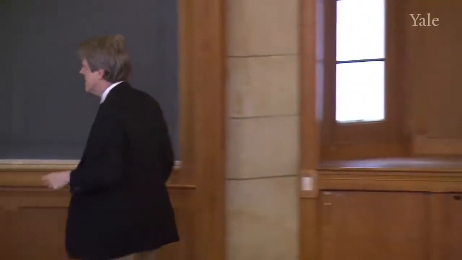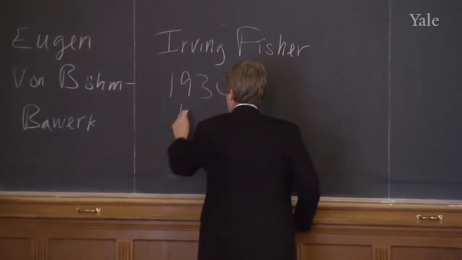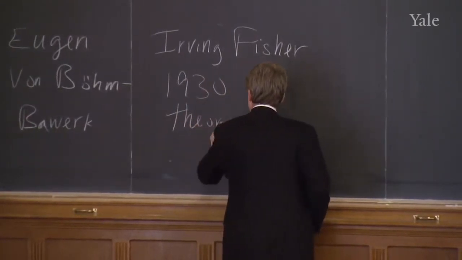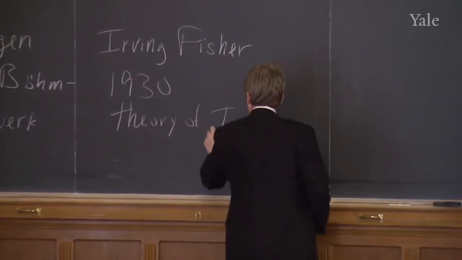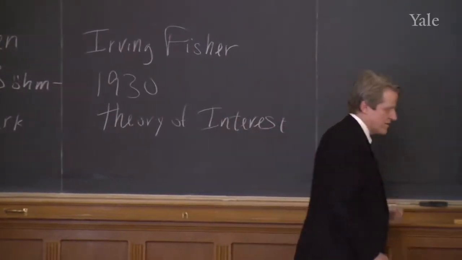He wrote a book in 1930 called Theory of Interest. And it is the all-time classic, I think, on this topic. Irving Fisher is talked about in your textbook by Fabozzi and in many textbooks.